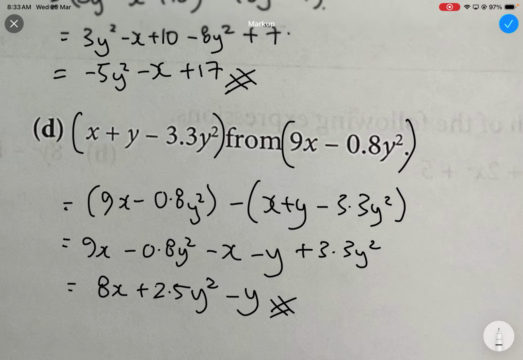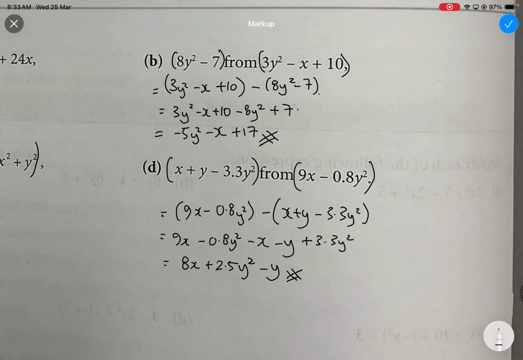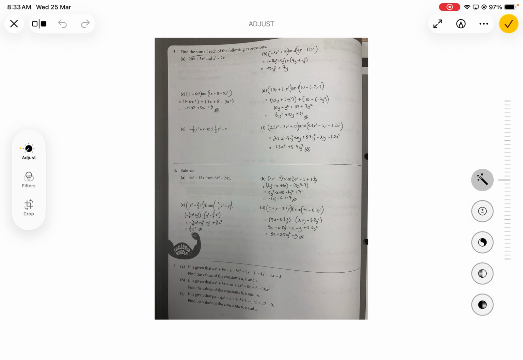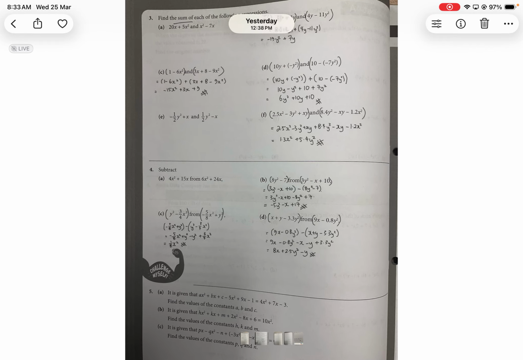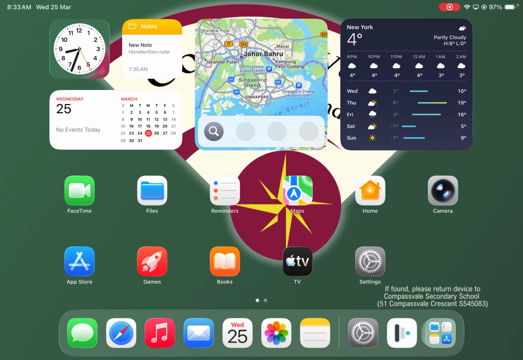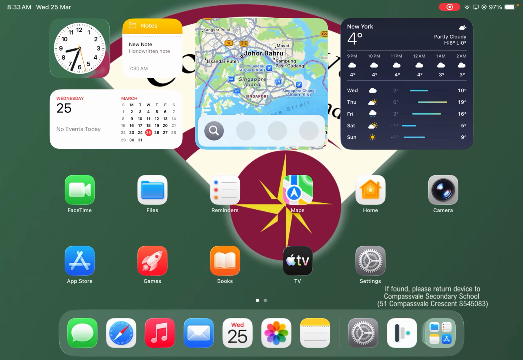Jarius, what is the area of this piece? 8. Why? 4 times 2. So I get this piece of area is 8. What is the area of this piece? 12. Why? 4 times 3. That's why here is 12. Okay?